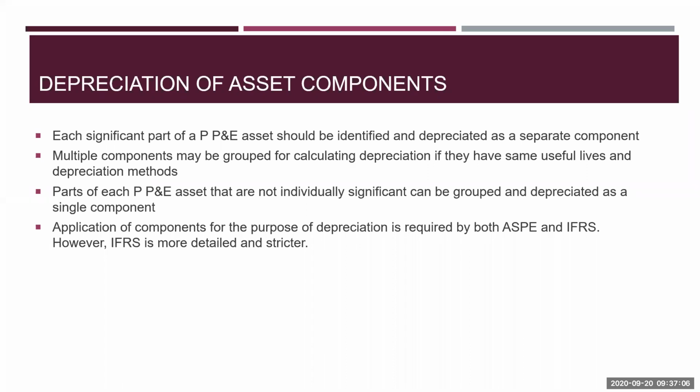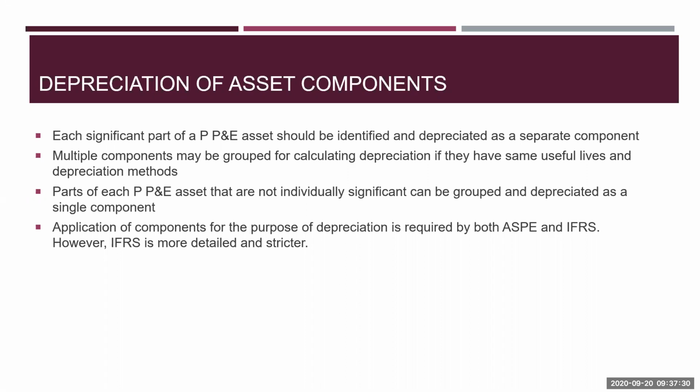Multiple components may be grouped together for calculating depreciation, but only when they have the same useful life and depreciation method being used. When you're looking at different classes of roofs, if they have the same method applied and the same estimated life, then we will put them together as a single component or class.